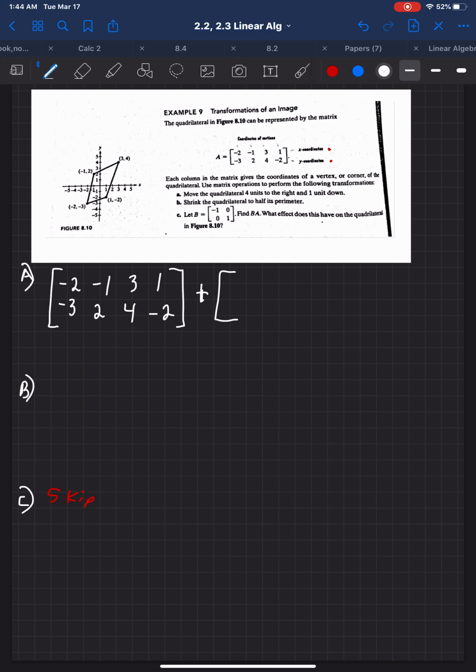If you want it to move 4 to the right, then what we're going to want is we're going to want 4s here along that first row. That makes perfect sense because adding 4 in the x direction would move the quadrilateral to the right. But you also want it to move in the y direction down 1. So you're going to want -1s here.